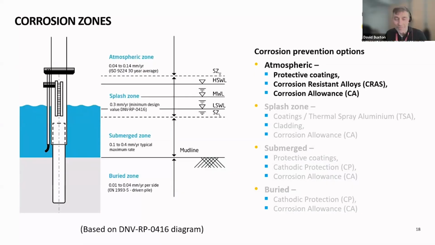Dave. Okay, thanks, Gareth, and good morning to everyone. I'm just going to briefly run through an overview of the corrosion issues that are covered in the document. The first thing to say is the marine environment is a harsh environment.